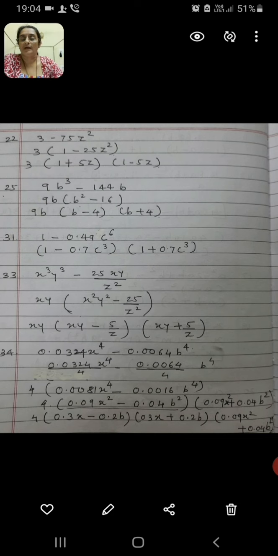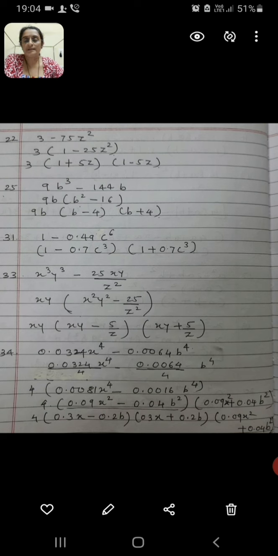So here we have to take one common number between these two terms. So 3 and minus 75, one number is common, that is 3. So if you take 3 as common, 3 will come out and the remaining terms we have to take in the bracket. So in the bracket you will get 1 minus 25z square.